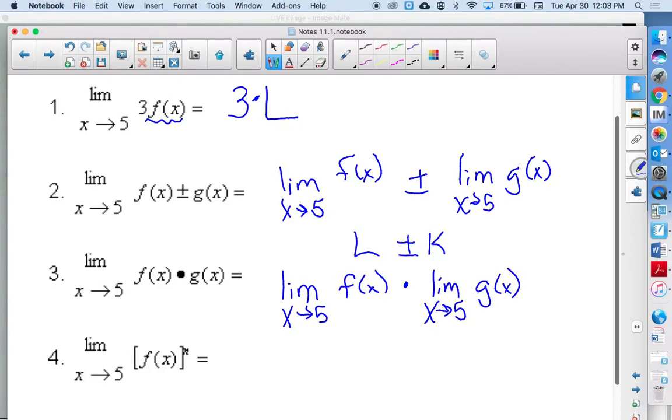So essentially you're taking the limit of the first one times the limit of the second one. So again, you're not multiplying the functions together and getting a new function, you're multiplying the limits together. So if I had the limit of f of x times the limit of g of x, like for number 49, you would multiply the two limits together.